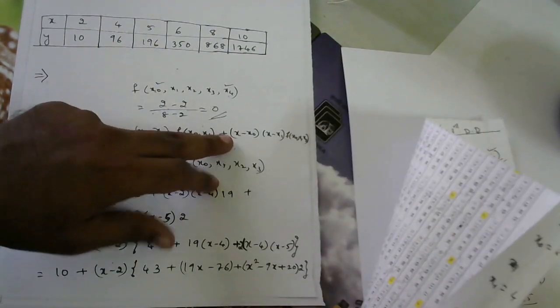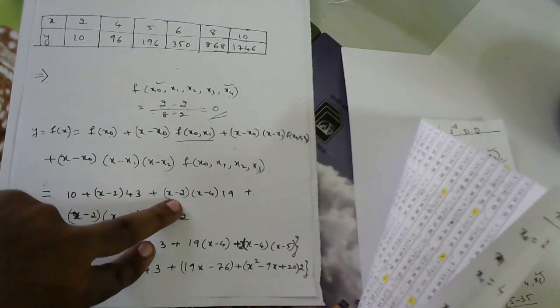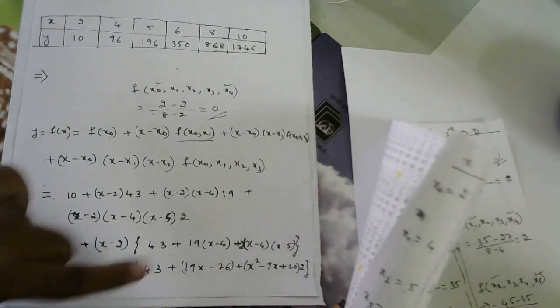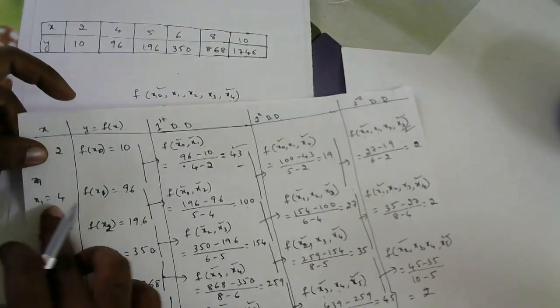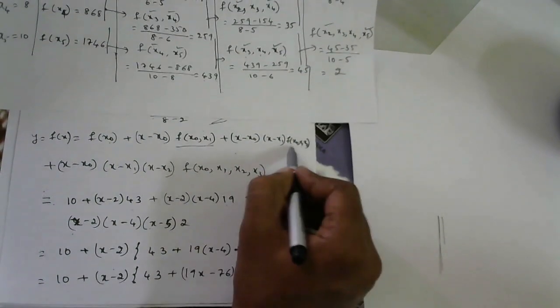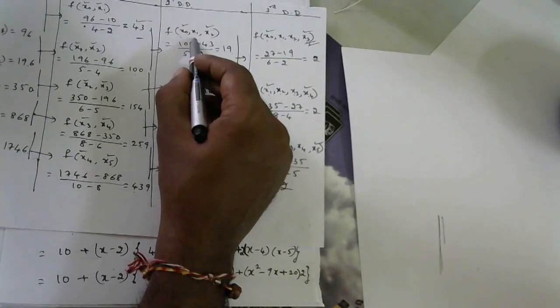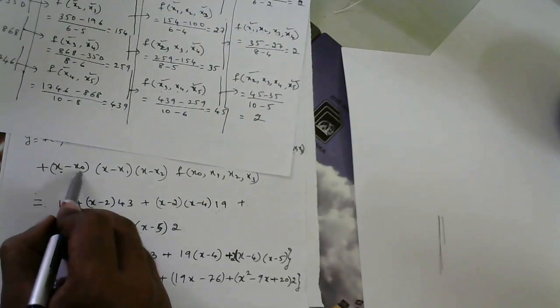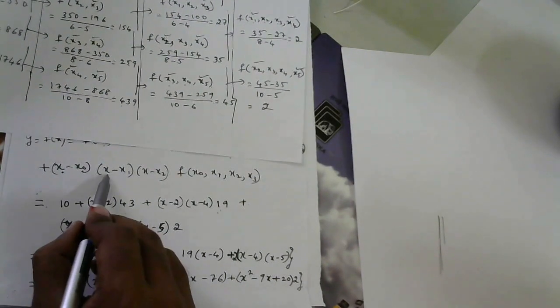Again x minus x0 is x minus 2, and x minus x1 is x minus 4, since x1 is 4, into f of x0, x1, x2, which is 19. Plus x minus x0, x minus x1, and x minus x2, where x2 value is 5, into f of x0, x1, x2, x3.